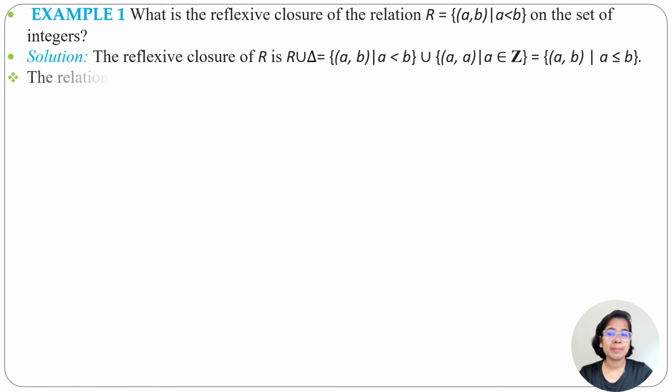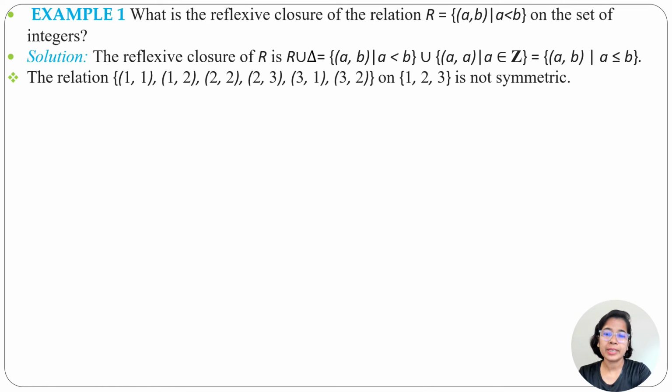Next we will see symmetric closure. Let we have a relation (1,1), (1,2), (2,2), (2,3), (3,1), (3,2) on 1, 2, 3. And this relation is not symmetric. Now to make it symmetric, we can add some ordered pairs. Like (1,2) is there, so we can add (2,1). Then (2,2), (2,3), (3,2) is already there. (3,1), we can add (1,3).